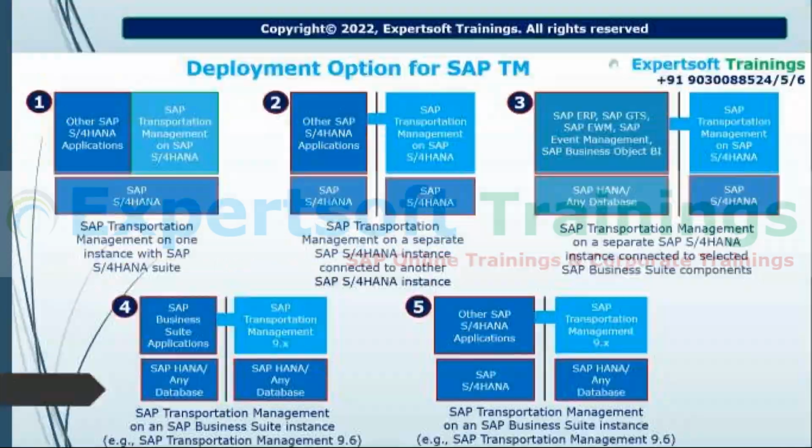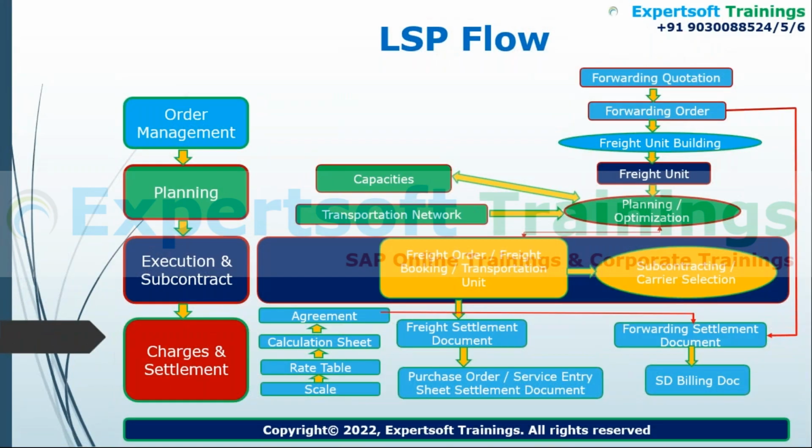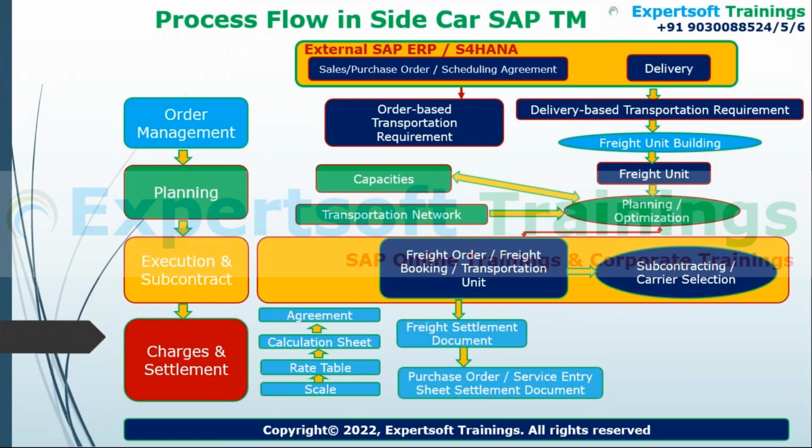Visibility is always important, and some clients even pay extra money to have visibility of their shipment. You can create a custom app for him, and through that app, once he enters the shipment number, he can see the status of the shipment, because you would not like to give him access to SAP, right?